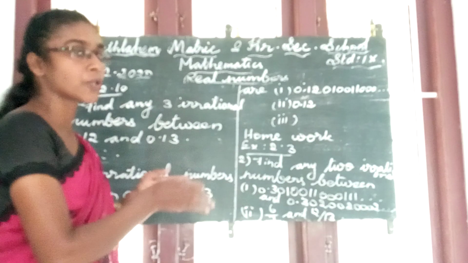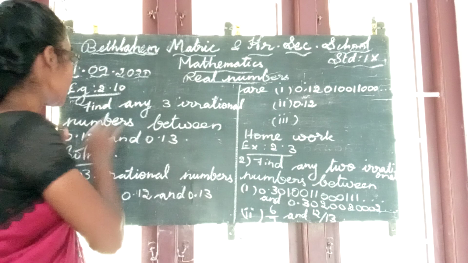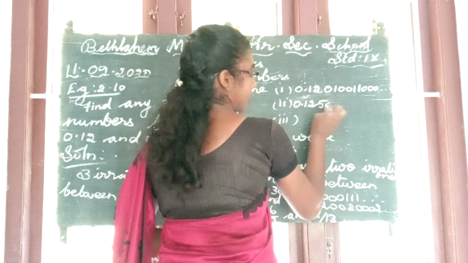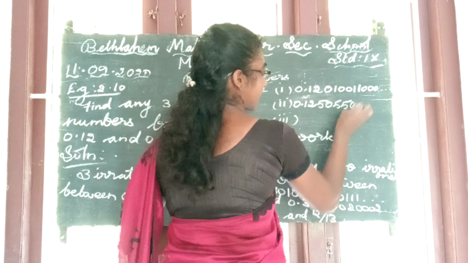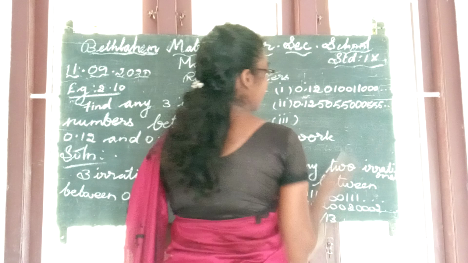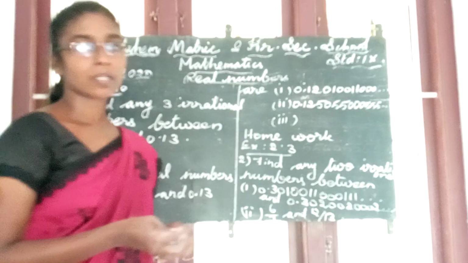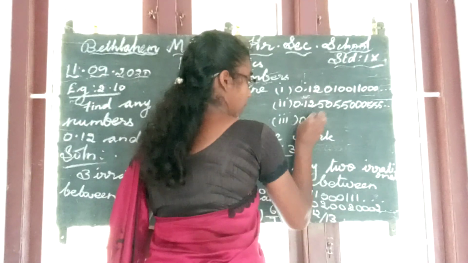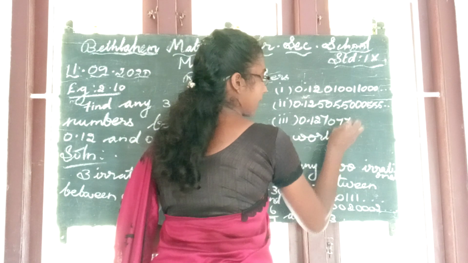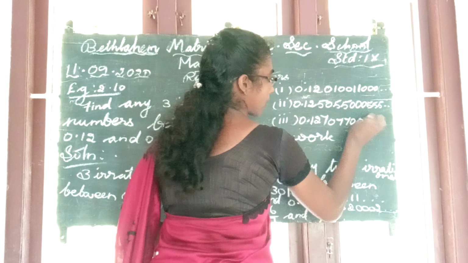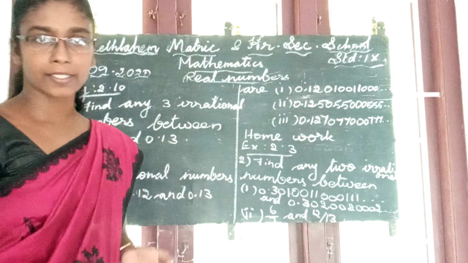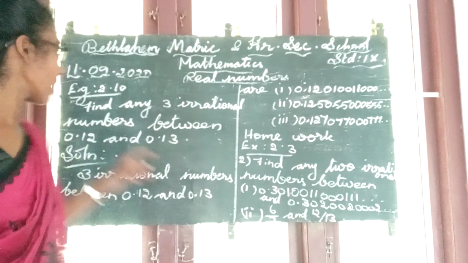Between 0.12 and 0.13 means first 0.12 starts. 0.125055, next 000555 etc. Next, one more number. Yeah, very good. 0.127, next 077, 0000777 etc. You can write another number also. Okay, have you understood that?